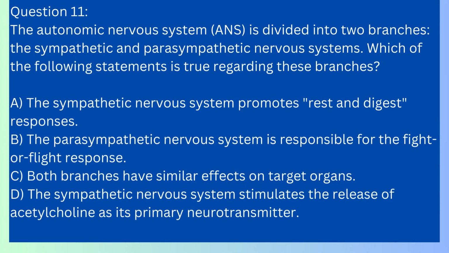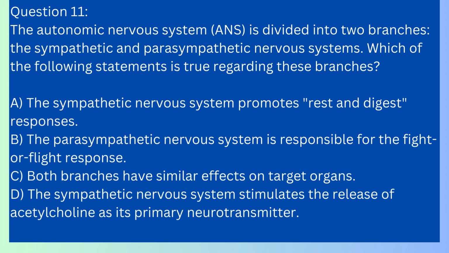Question 11. The autonomic nervous system, ANS, is divided into two branches, the sympathetic and parasympathetic nervous systems. Which of the following statements is true regarding these branches? A. The sympathetic nervous system promotes rest and digest responses. B. The parasympathetic nervous system is responsible for the fight or flight response.